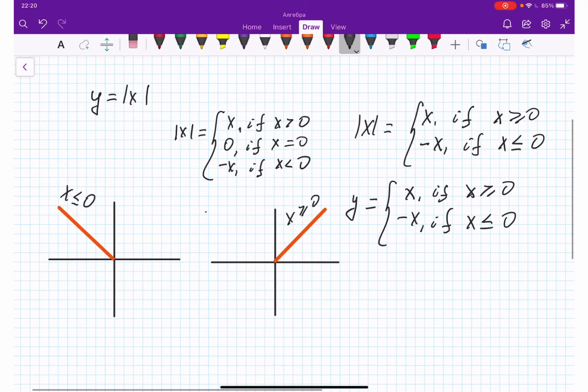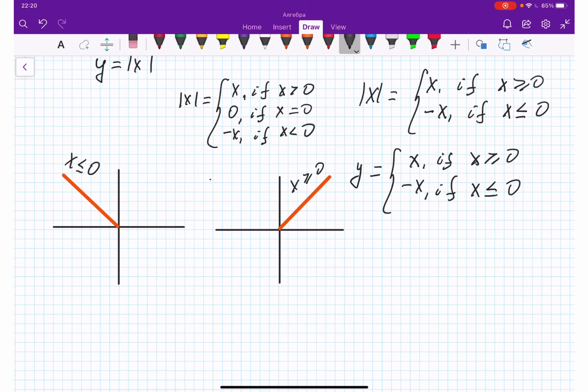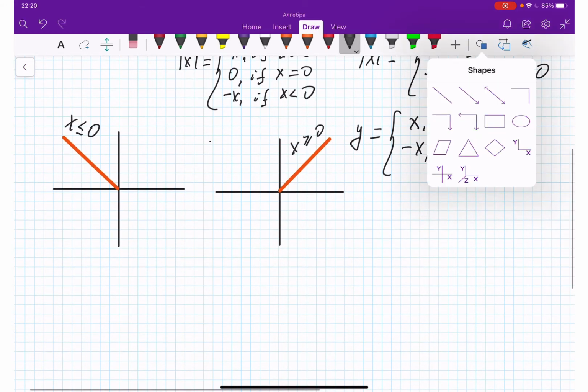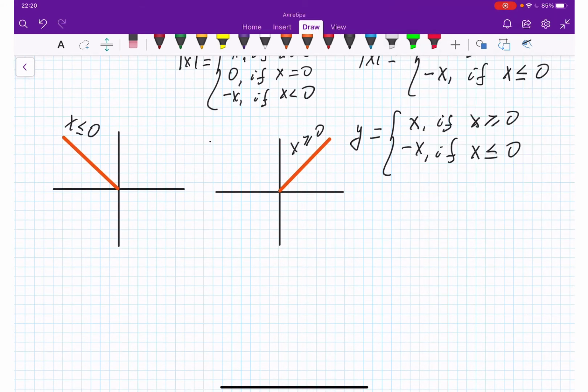So then the graph of the function y is equal to the absolute value of x is going to look like the following way.